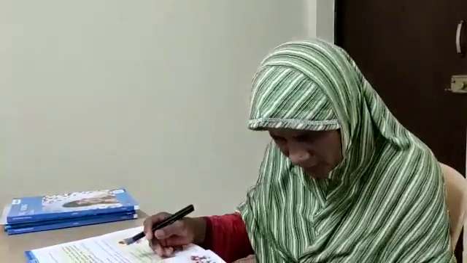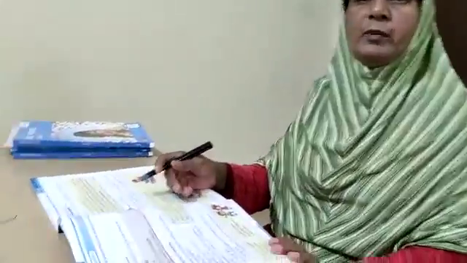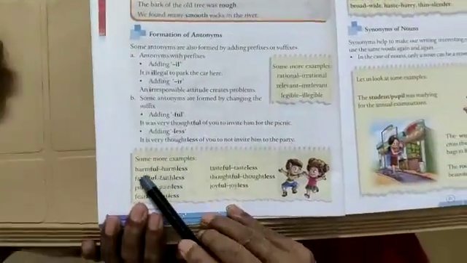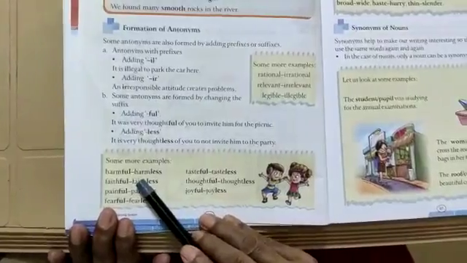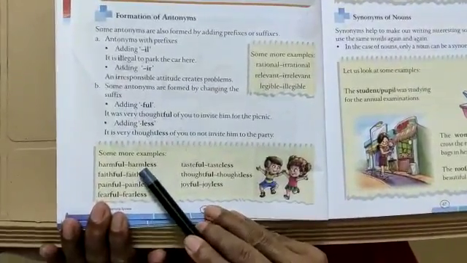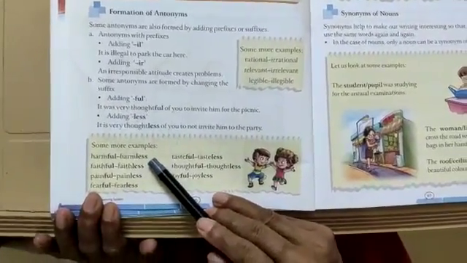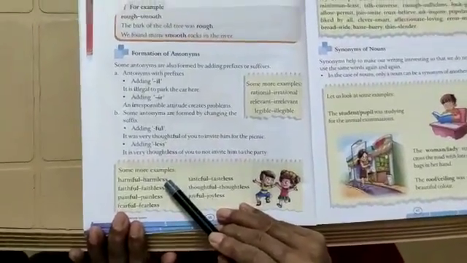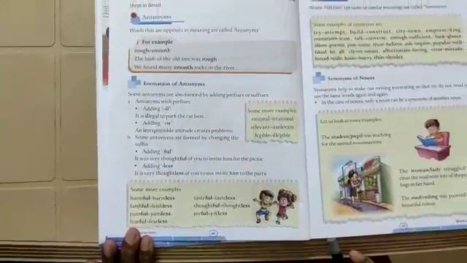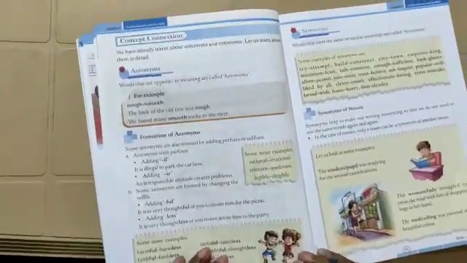For example, children, take FUL. If the word is harm, we add full, harmful, and for harm, if we put LESS in the end, harmless. This is the example of full and less.